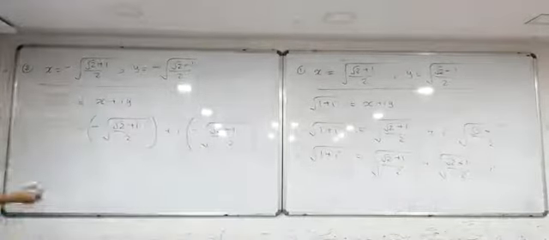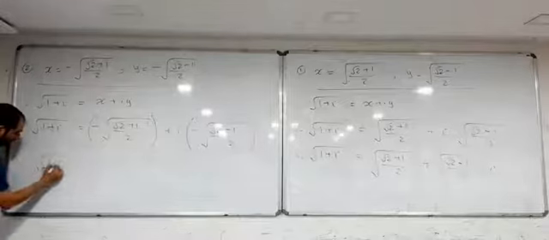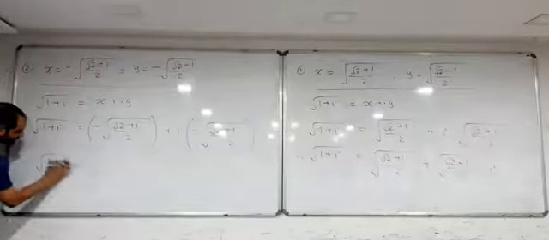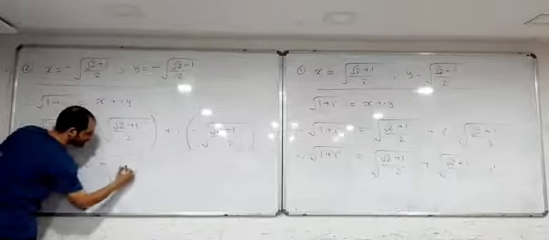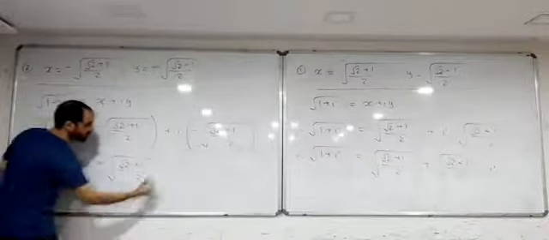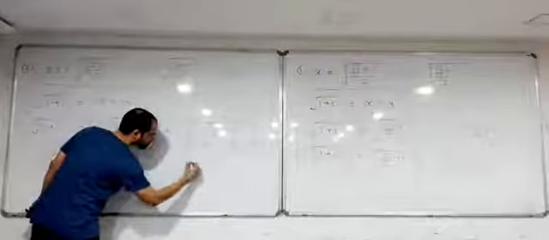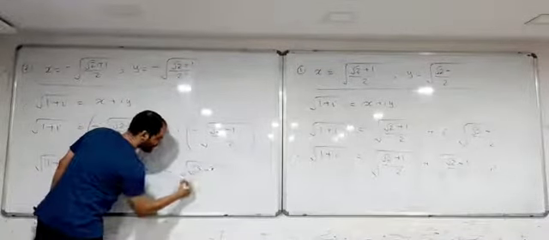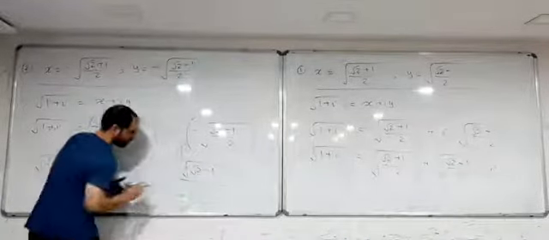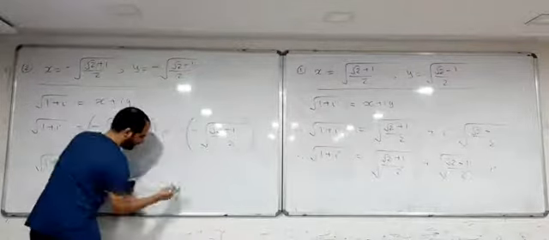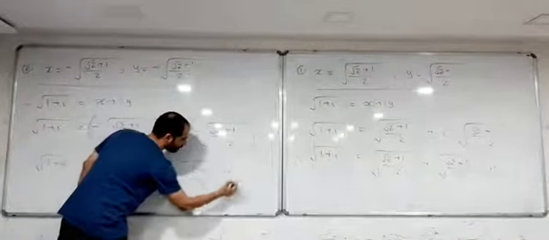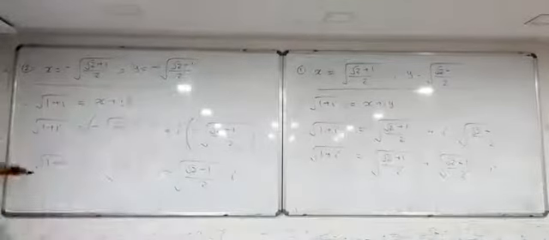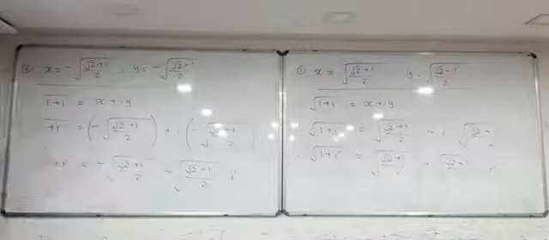So square root of 1 plus i becomes minus square root of root 2 plus 1 upon 2, minus whole square root of root 2 minus 1 upon 2 i. So two answers will be for that, then miscellaneous.